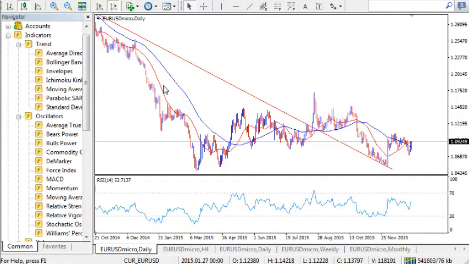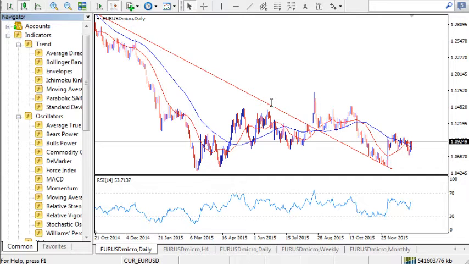So I'm gonna show you how you can add moving average on the oscillator window. You can just take the moving average from here and drag it over the window, the oscillator section.